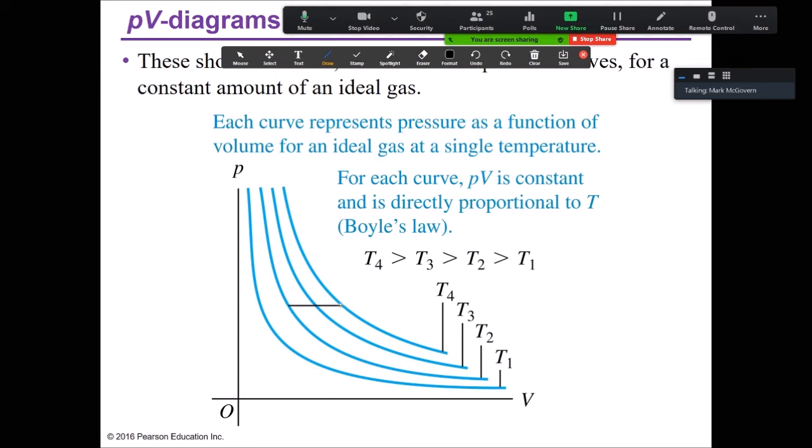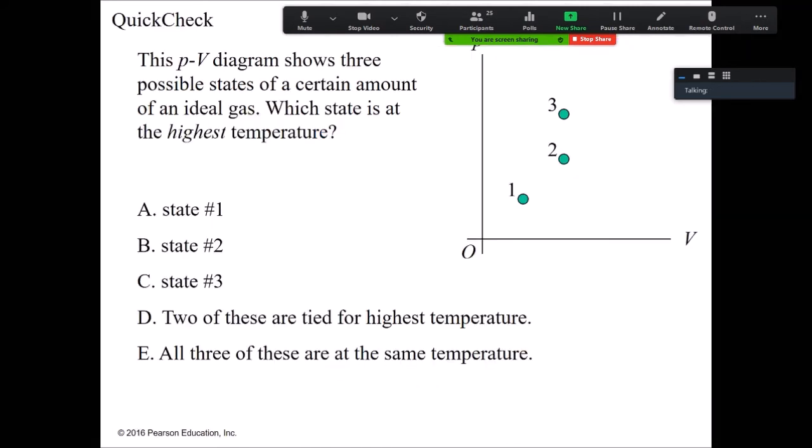Or we could drop down here, a constant volume process, going straight down. The pressure drops, and we go from an isotherm that's higher up to one that's further down, so we can see that the temperature changes. So movement on a PV diagram can put you on different isotherms. Get a lot of practice with this. Don't you worry.